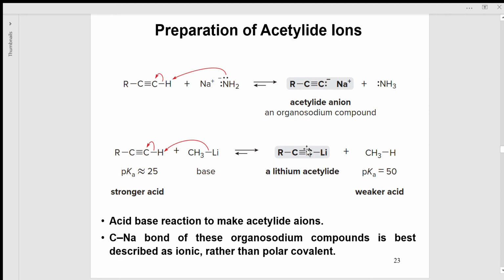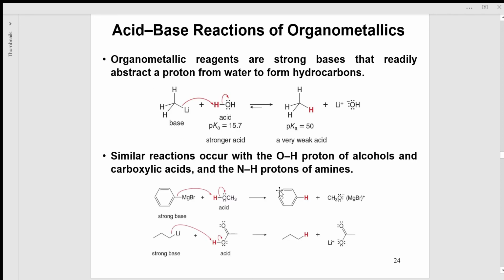They are very strong nucleophiles. Again, this carbon here and this carbon, they bear a lot of negative charge. So they are very happy to share their lone pair of electrons with others. So that makes them a very reactive reagent in a lot of reactions.